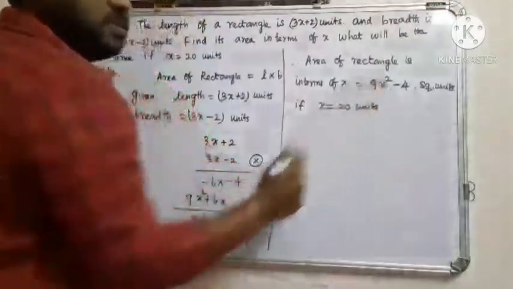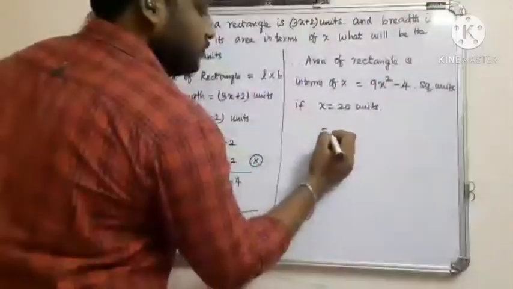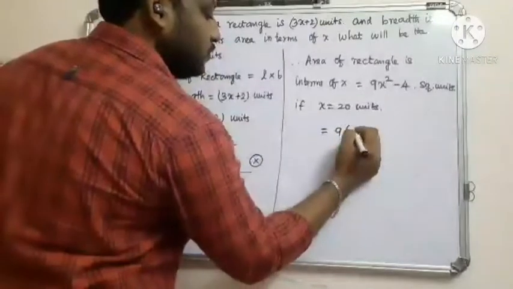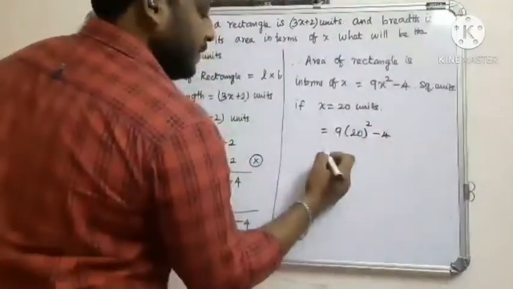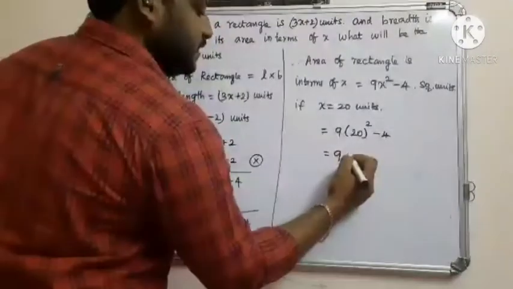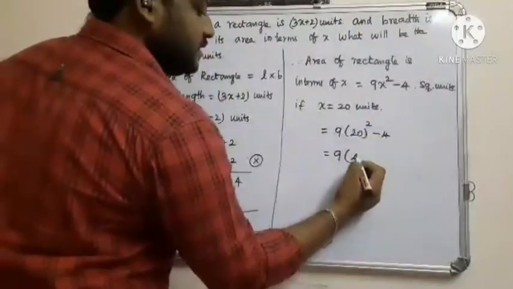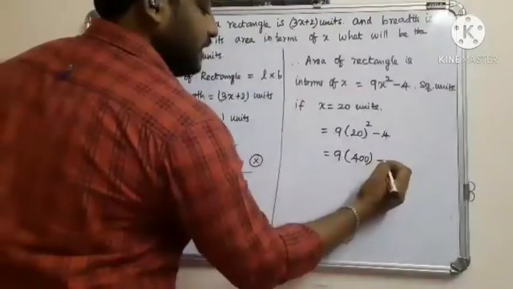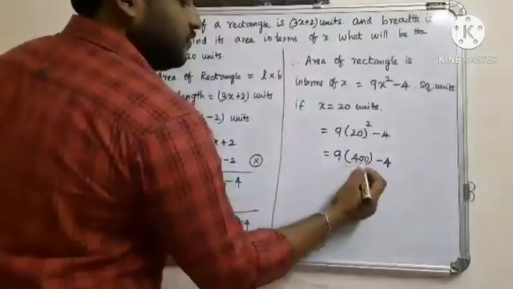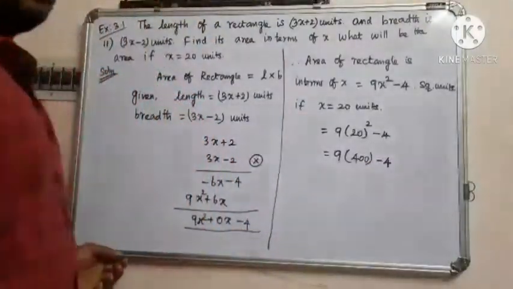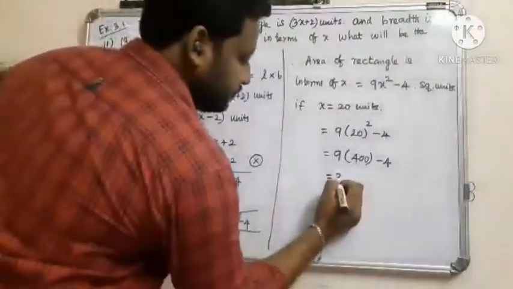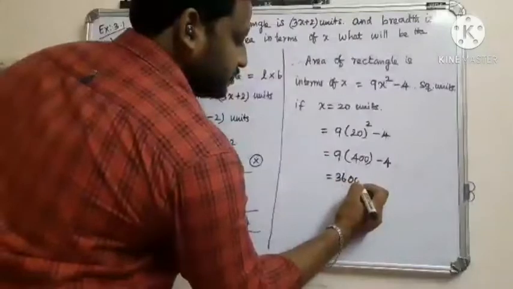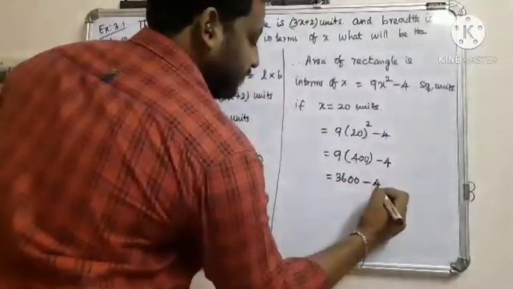You have to substitute 20 in the value, which is equal to 9 into 20 square minus 4. So 20 square is 400, so 9 into 400 minus 4. 9 4s are 36, so 3600 minus 4.